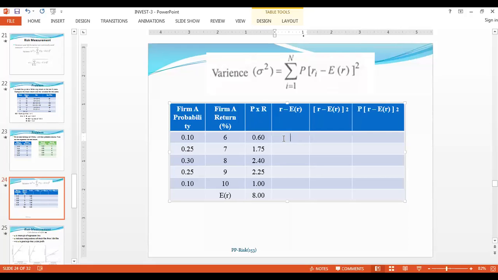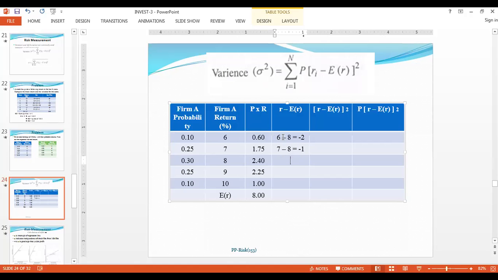Sir, R is 6 or 0.60? You can take it 6, no problem. So now this is your return 6. Now I have to subtract: 6 minus 8 is minus 2. Next, 7 minus 8 is minus 1.